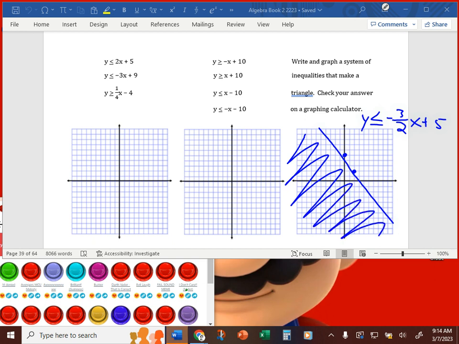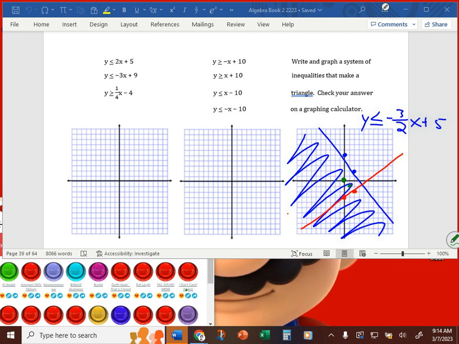So your next inequality, you might want it to come across like this. Maybe you put your y-intercept here, put your next point there, and it looks like this. Maybe for your third inequality, you want it to come down. So maybe I'll put my y-intercept at the origin, down 1/1.